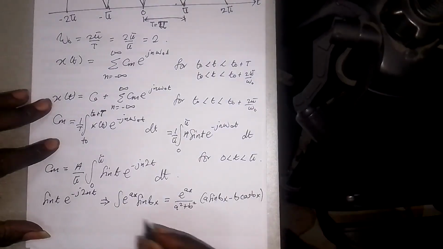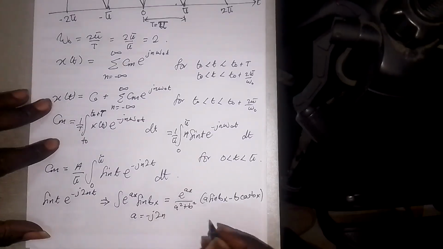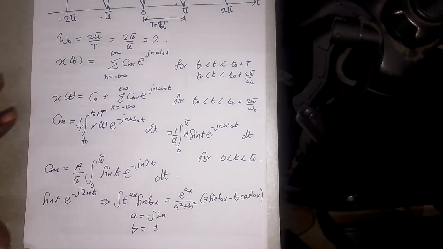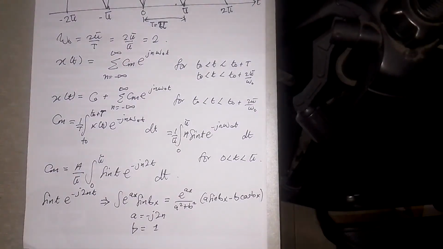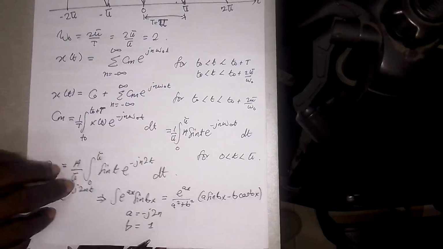So here we know that a is equal to minus j2n, and b is equal to 1. So we know this.